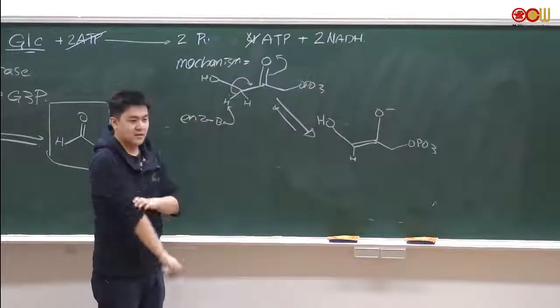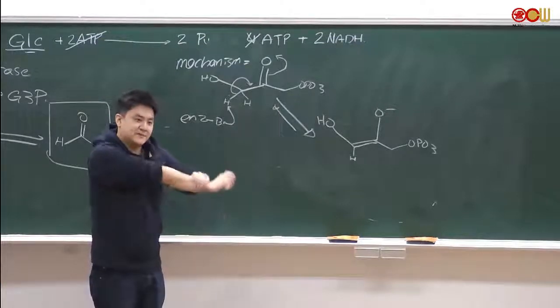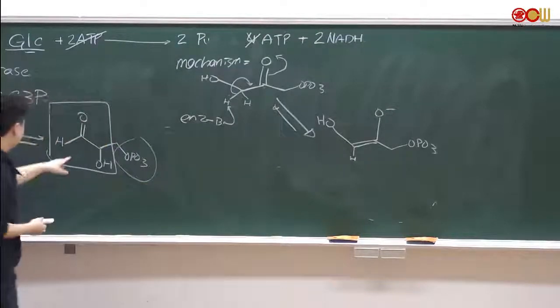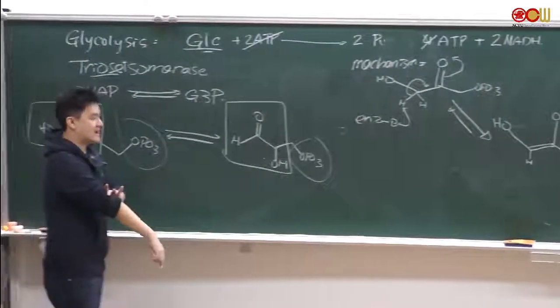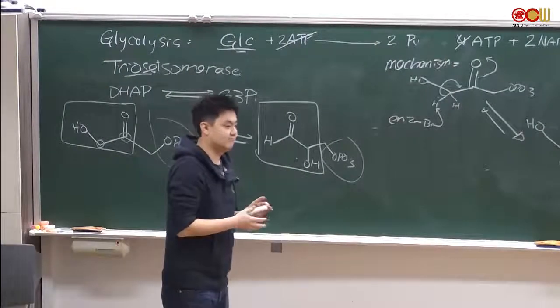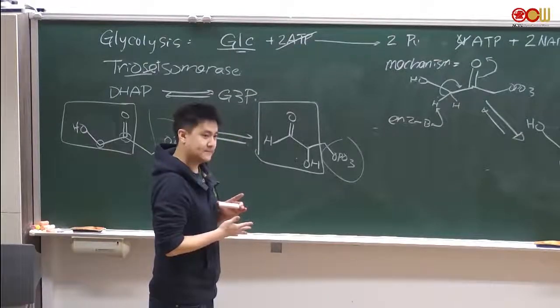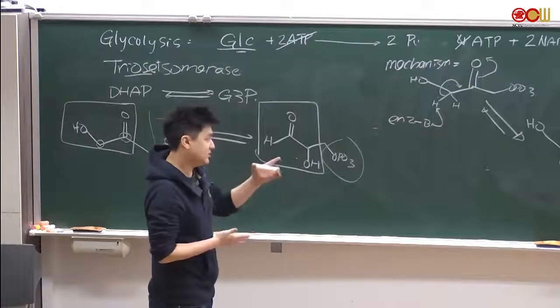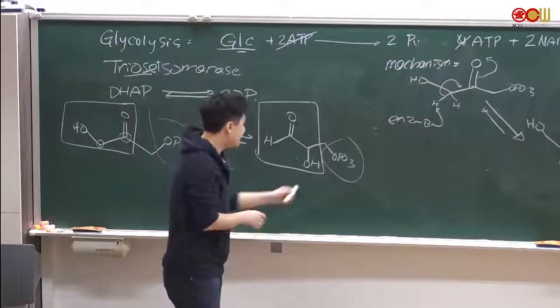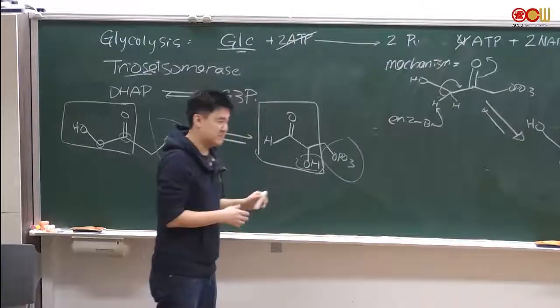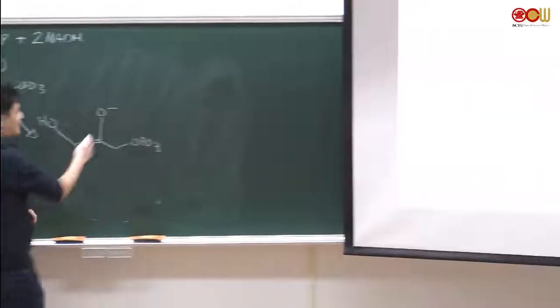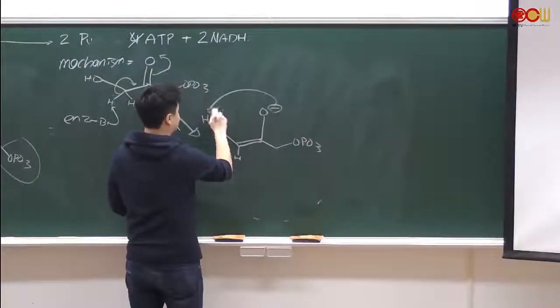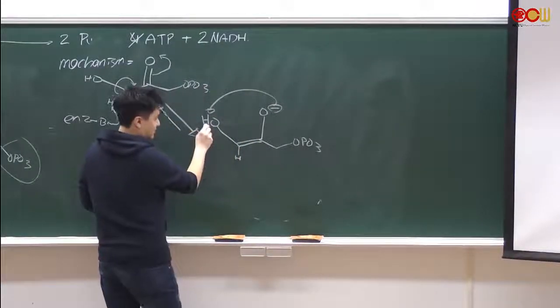Now, what do you suppose happens next? If you want to get this guy to become this guy, what will have to happen? Seeing that the oxygen on the C2 now becomes an OH, that means it's going to grab a proton somewhere, right? Turns out this guy can simply grab this proton and the electron here.